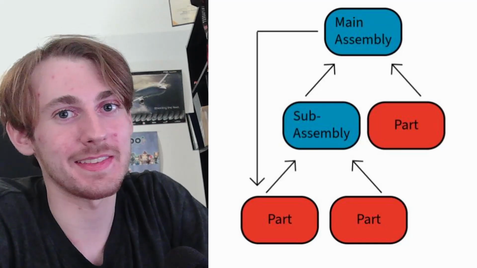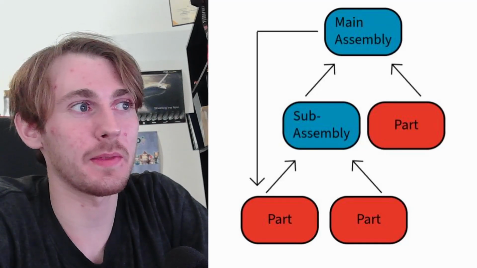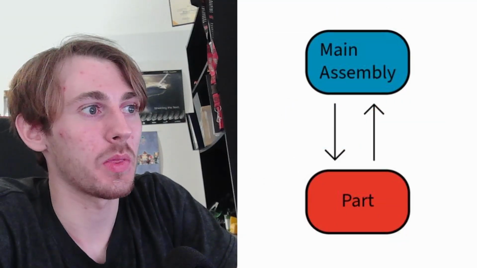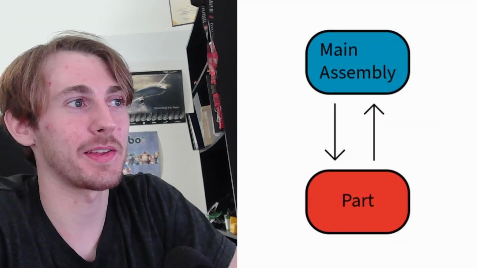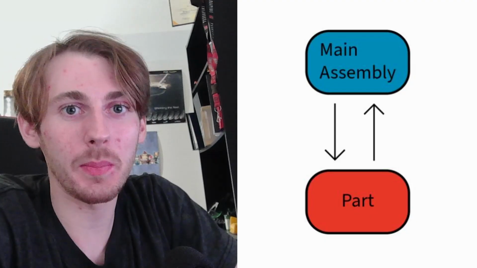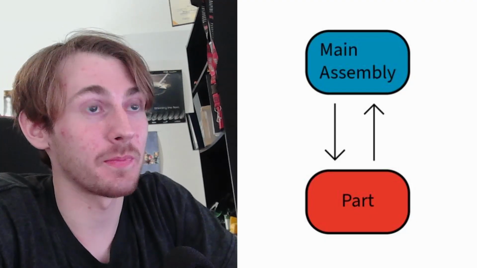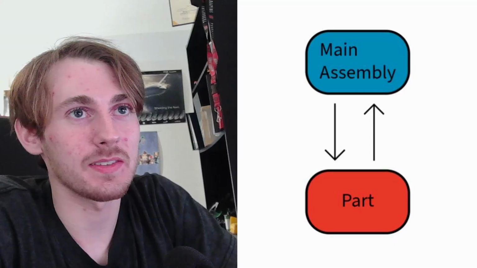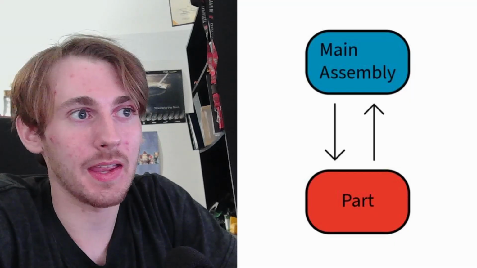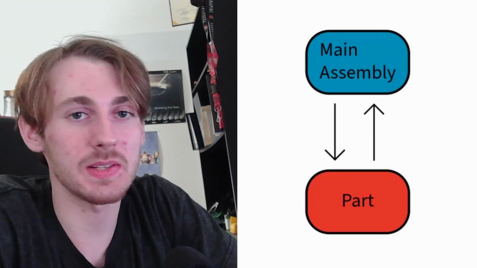The big downside is the fact that we basically create a loop here, where the part is dependent on the assembly, and the assembly is dependent on the part. So it's very possible that we have the part in the assembly, and the part has geometry that references its place in the assembly.